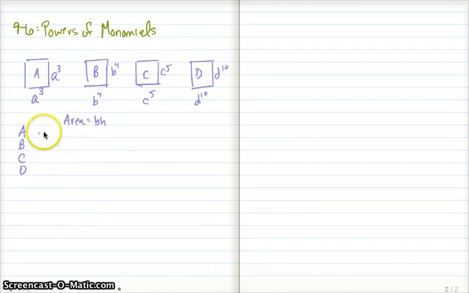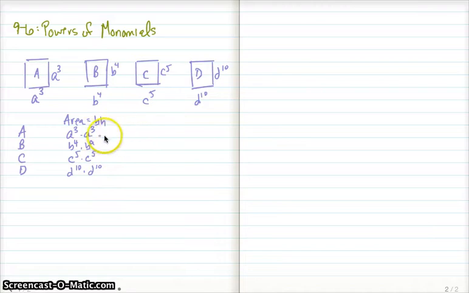So for A, it would be a cubed times a cubed. B would be b to the fourth times b to the fourth. Then we'd have c to the fifth times c to the fifth, and d to the 10th times d to the 10th. Now we're going to work with this just a little bit.